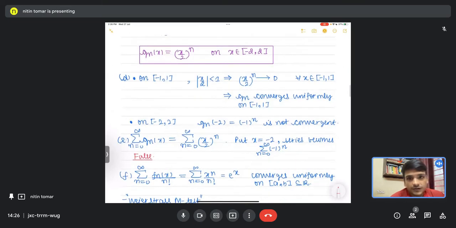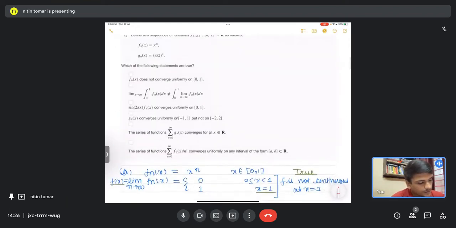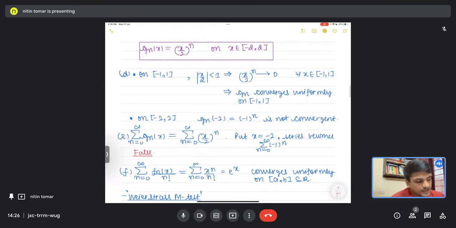Now we were also given another sequence gn(x) = (x/2)^n on [-2, 2]. The fourth option is whether this gn converges uniformly on [-1, 1], or what about [-2, 2]. One can see that on [-1, 1], the modulus of x/2 is less than 1. So (x/2)^n goes to 0 for all x between -1 and 1.